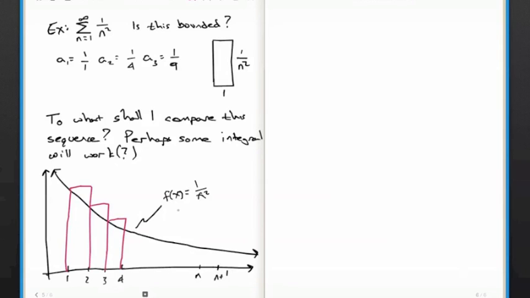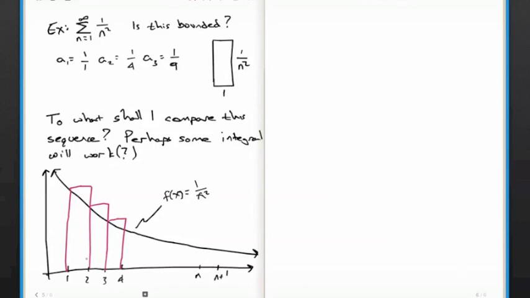Well, here I have some comparisons. So I could say that the area under this curve is somehow related to these sums that I'm interested in. So this is 1 over 1 squared, and then times 1.